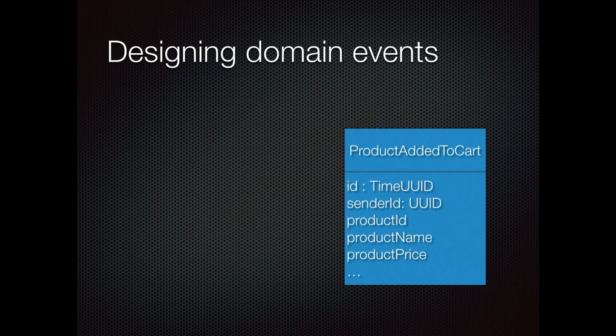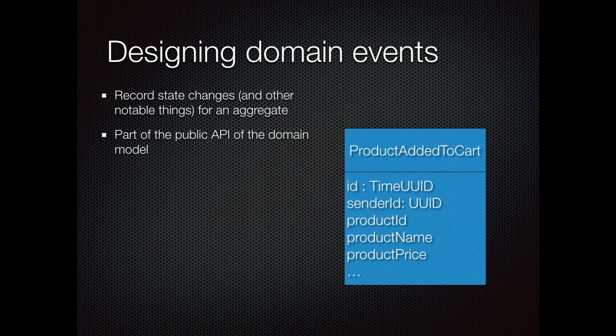So let's have a quick look at these domain events. They record state changes and other notable things that happen to an aggregate. And they're part of the public API of the domain model. Even though they're published by a given service, they're actually consumed by other services, and so it's part of the public API. They tend to be simple value objects.